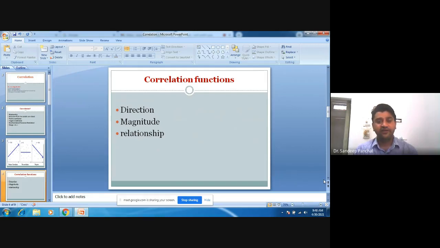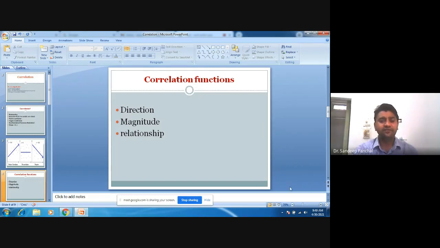And finally, as we know, correlation means the simple relationship between variables, so it reveals the relationship: whether two things are related with each other or not.